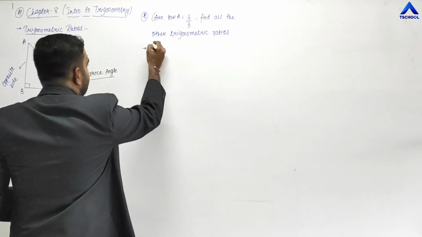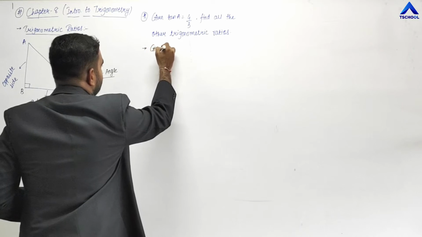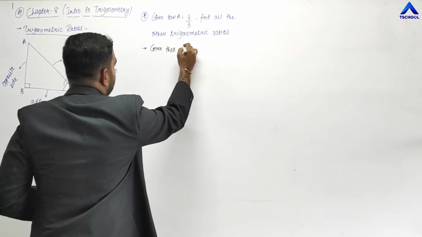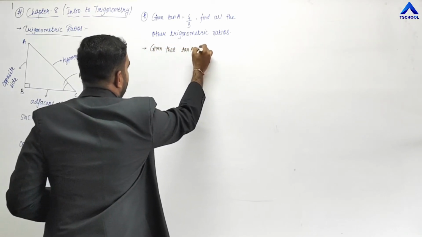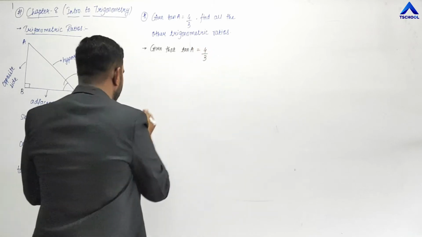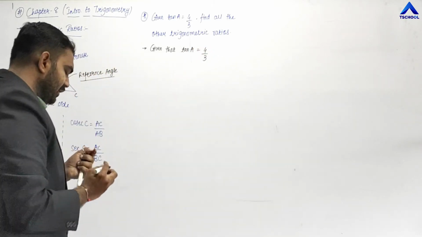Here it is given that tan A is equal to 4 upon 3.